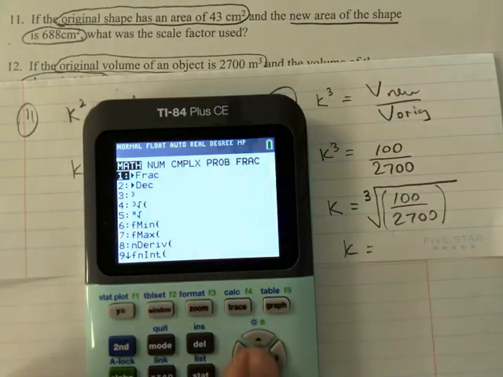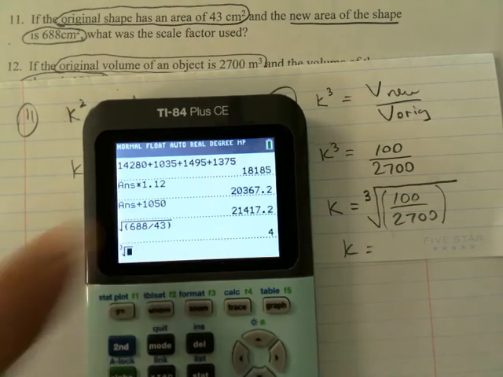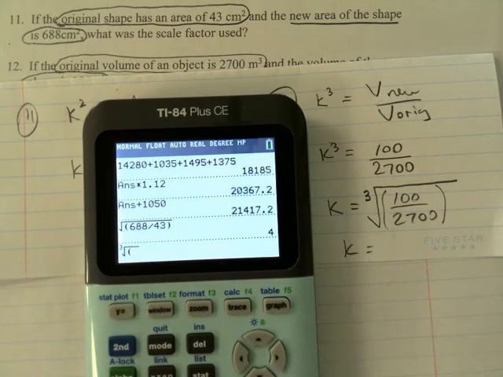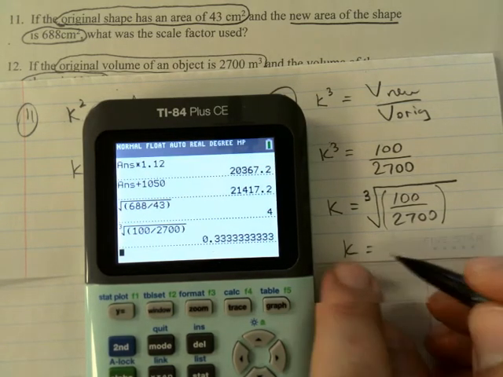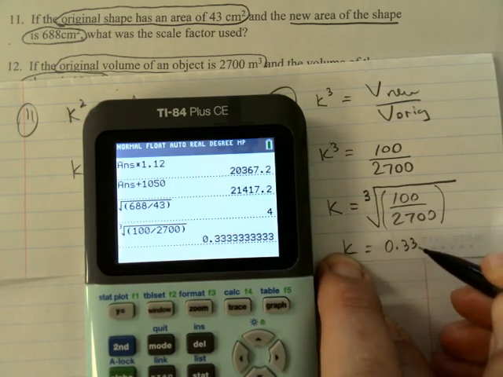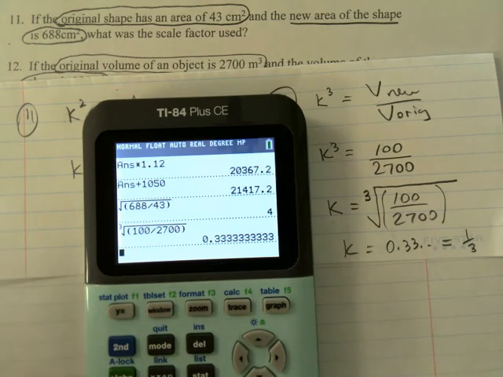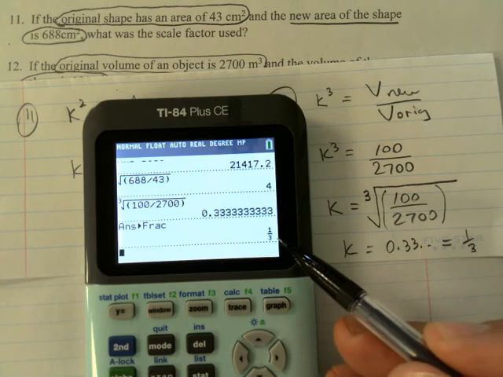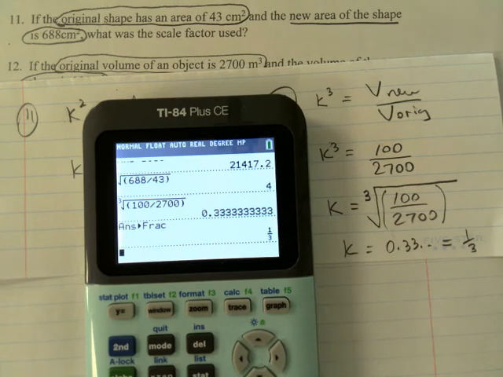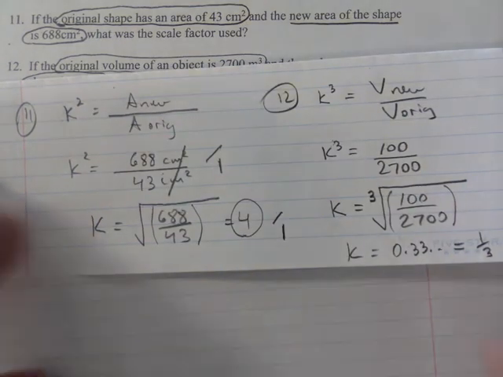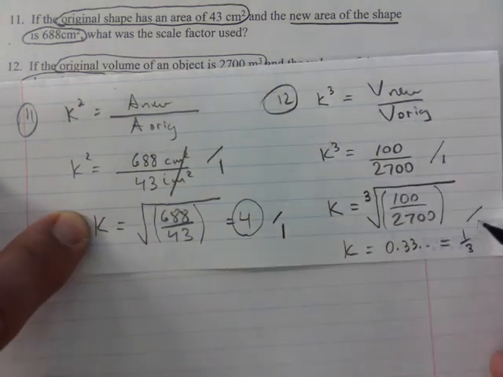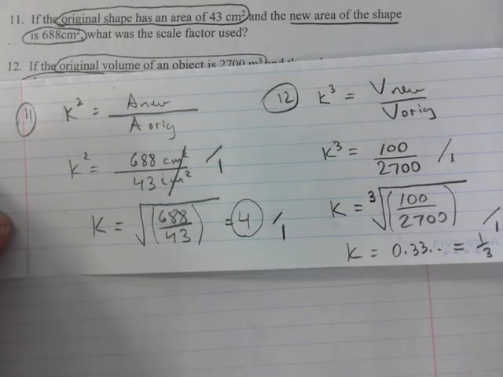You go math, fourth option, and then just make sure you have brackets in there. 100 divided by 2700, and that is 0.333 repeated, which is also 1/3 if you prefer. If you go math fraction, it will turn that into a third anyways. The question doesn't specify, just give the decimal. All good. And so again, a mark for setup, a mark for correct final answer. So you get 2 marks there.